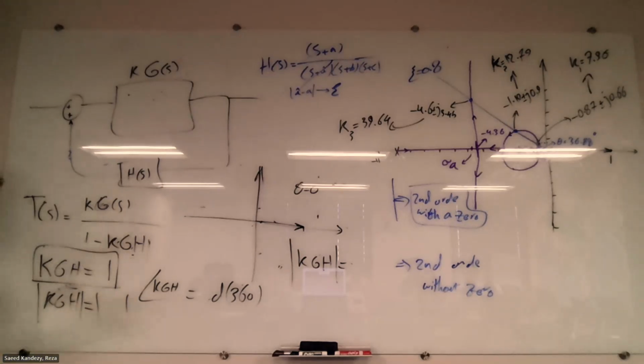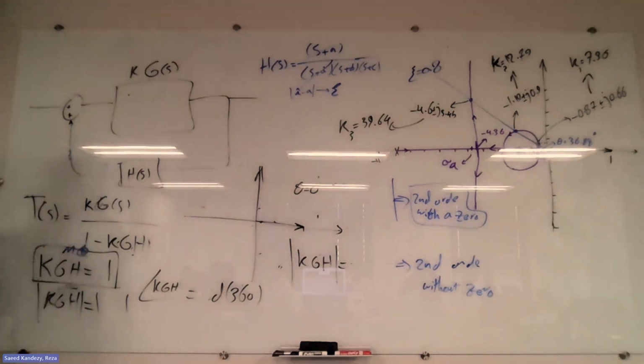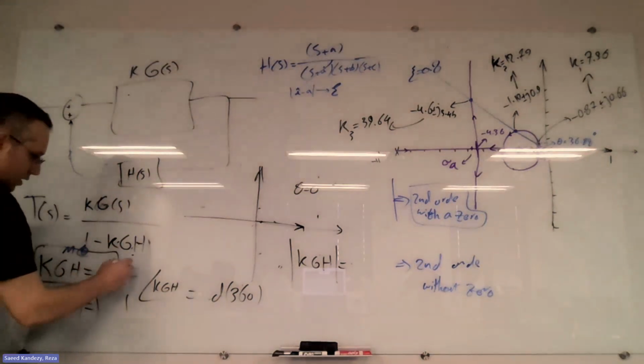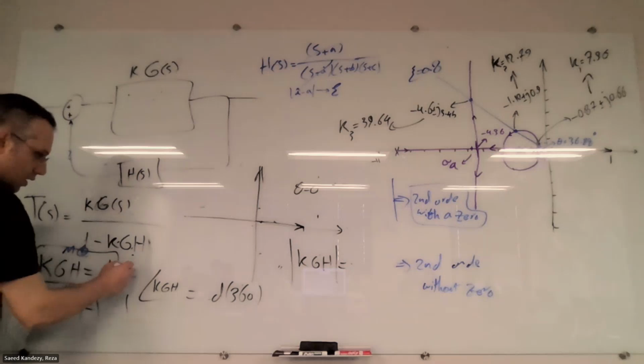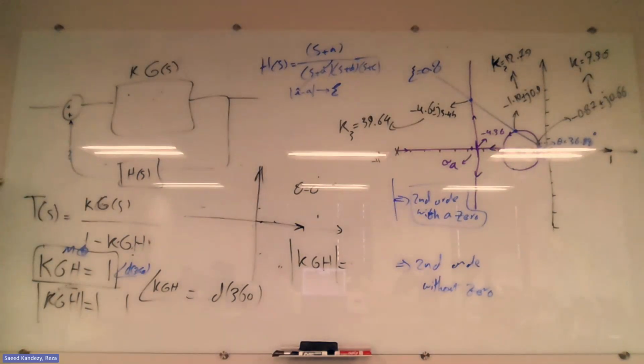We have an equation with a left-hand side and a right-hand side. This one is a vector with amplitude m and angle theta. This one is also a vector that says 1 with a theta of d times 360 that we found, right? 0, 360, whatever.